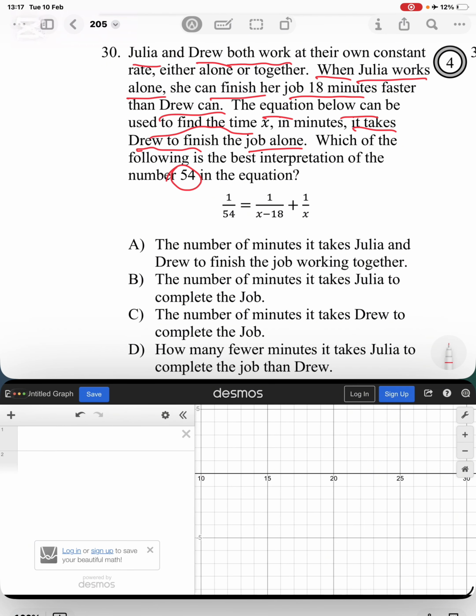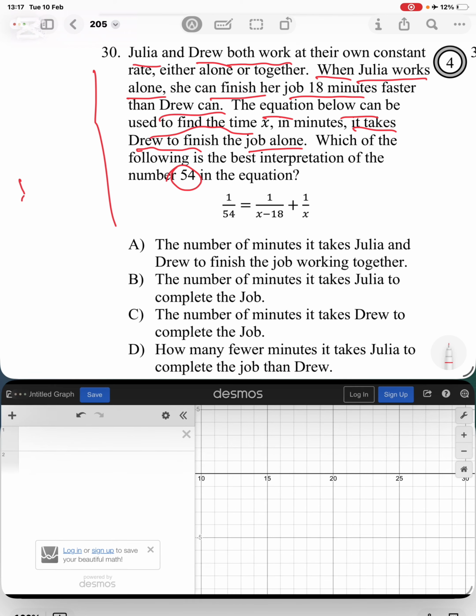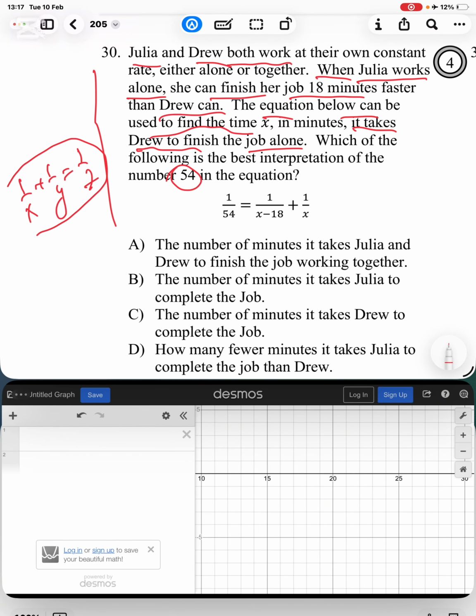When two people work together in SAT questions, we are given a single formula for the work done together, which is 1 divided by x plus 1 divided by y equals 1 divided by z. Just learn how to use this formula. As you can see, they are given in these ways.